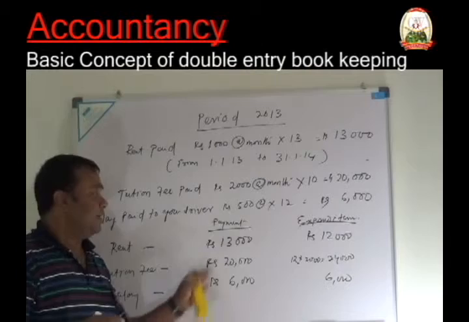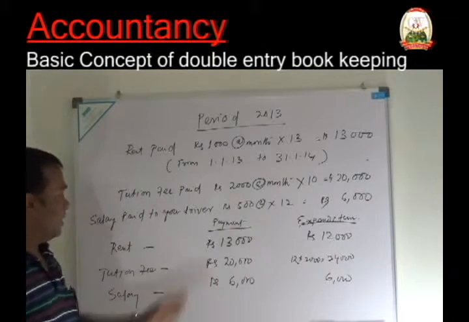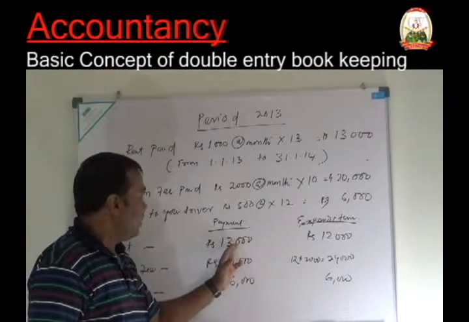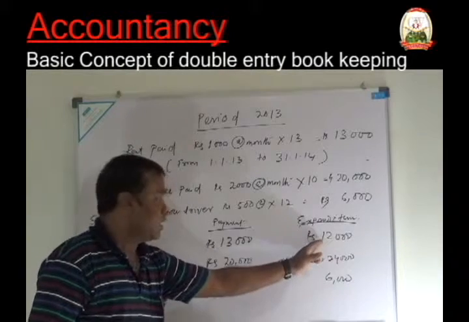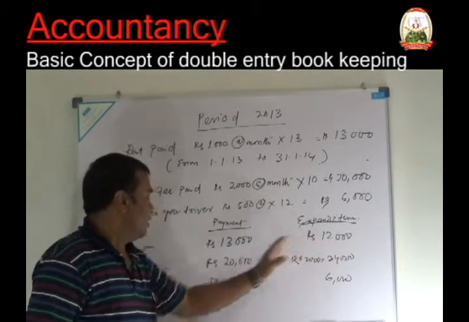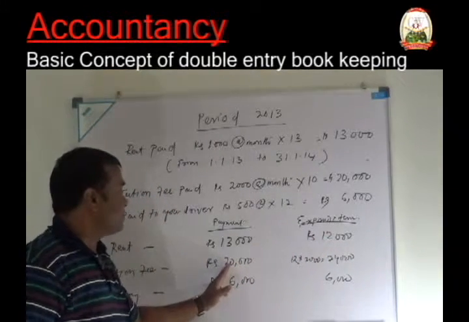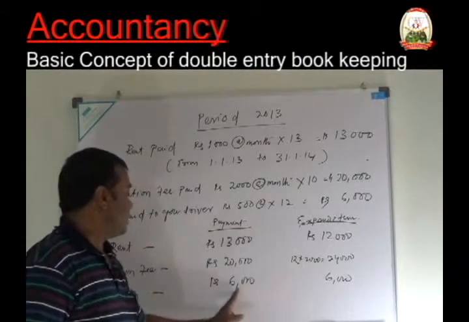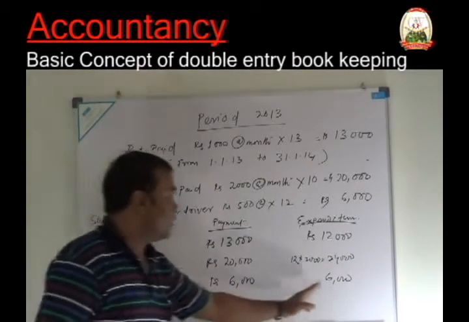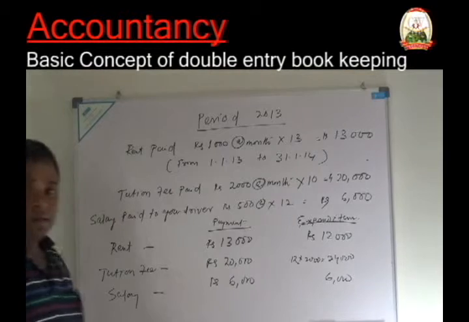The expenditure paid is equal to expenditure incurred. In the rent case, the expenditure paid is greater than expenditure incurred. In the tuition fee case, expenditure paid is less than expenditure incurred. Here the expenditure paid is equal to expenditure incurred.